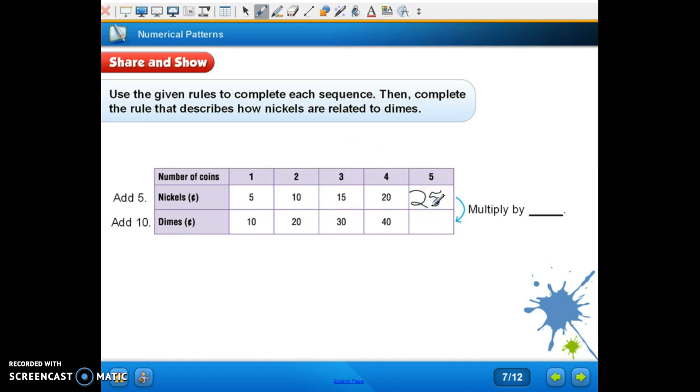And if I add 10 to 40, what do I get? 50. What would I have to multiply 25 by to get 50? 2. So if you look back, you can see that relationship on each of these, can't you?